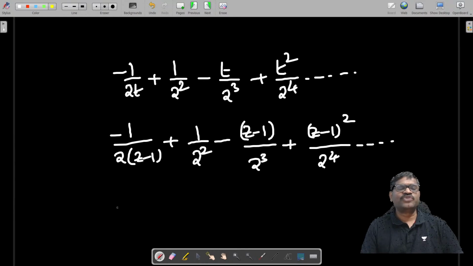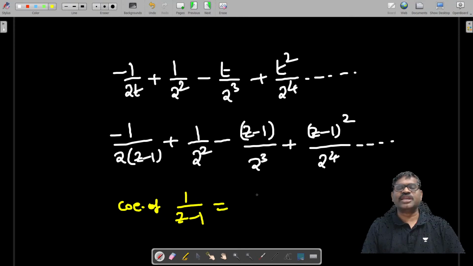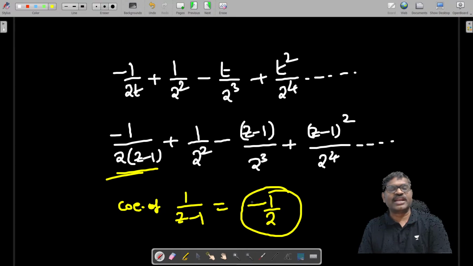Now the coefficient of 1 by z minus 1 is this term, minus 1 by 2. So the final answer is minus 1 by 2.